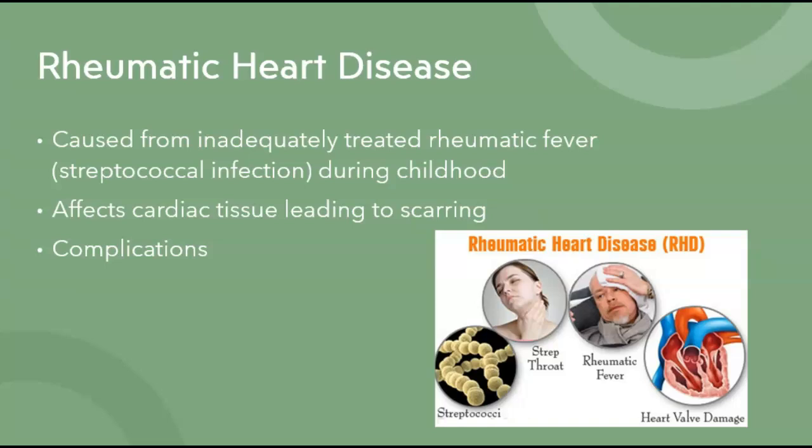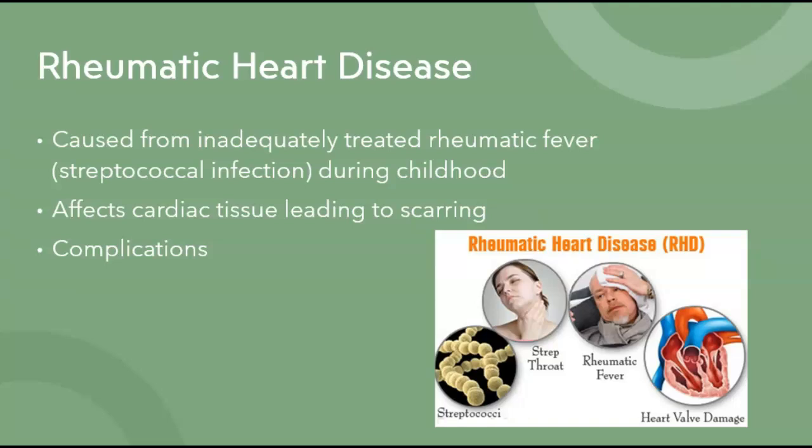So rheumatic heart disease is going to be caused by rheumatic fever. Basically, the cardiac tissue develops small areas of necrosis, and then they heal and leave scar tissue behind. So then you've got scar tissue in the heart valves, which are known as Aschoff's nodules.